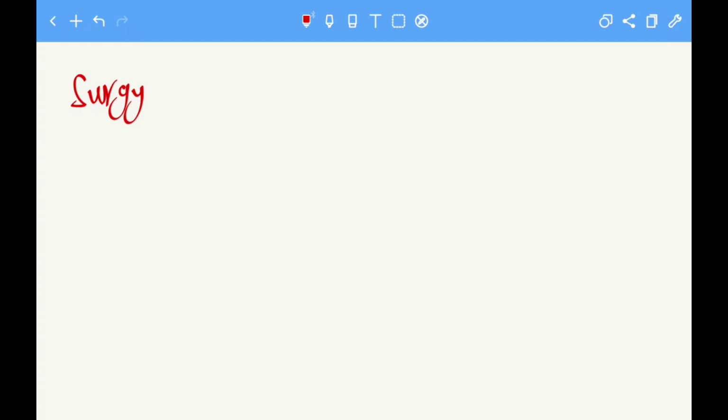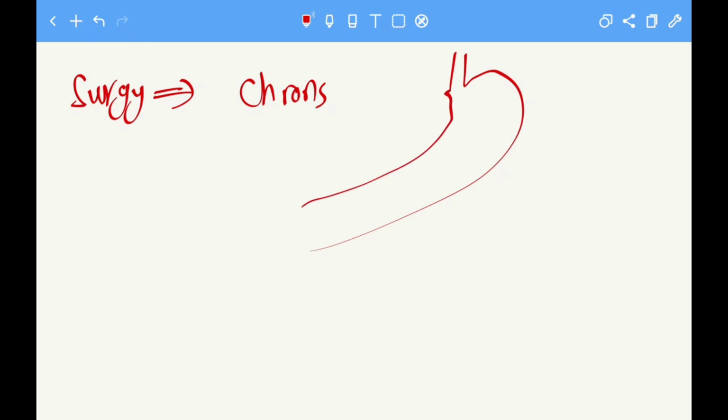Surgery is not the first option, because surgery can cause a lot of complications, and surgery is difficult, as we said before, in treating Crohn's disease, as in Crohn's there is skip lesion like that.